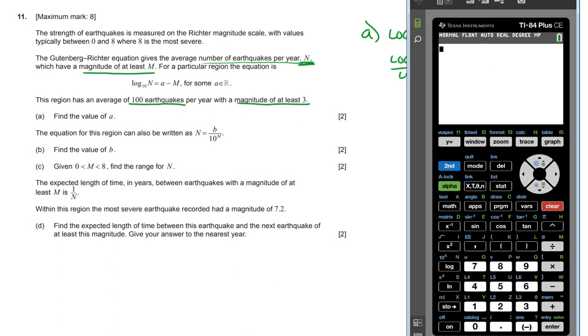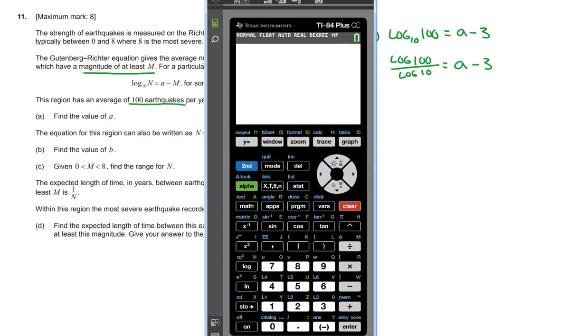So on our calculator, we've got log 100. You know what? Let's make this even easier. Let's do alpha y equals, so we can do a fraction. Otherwise, you have to put it in parentheses to make sure that you get it right. But if you do it this way, you'll always get it right.